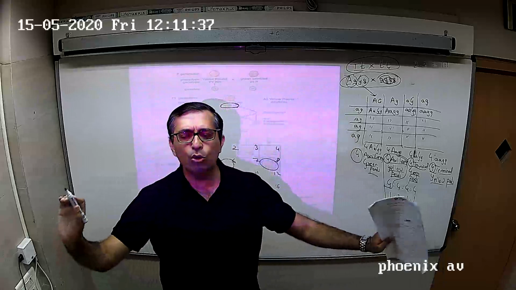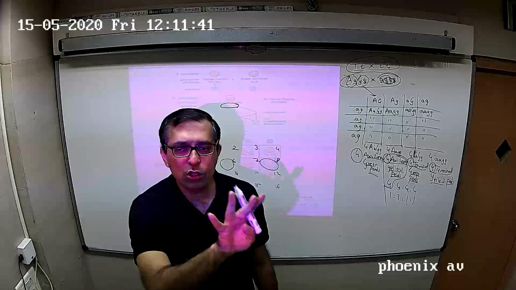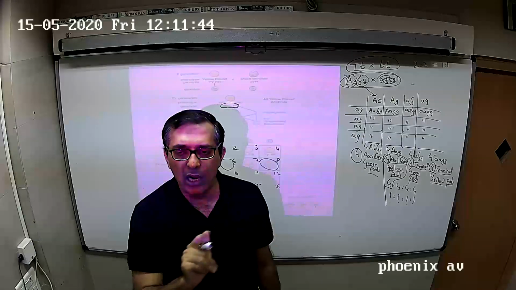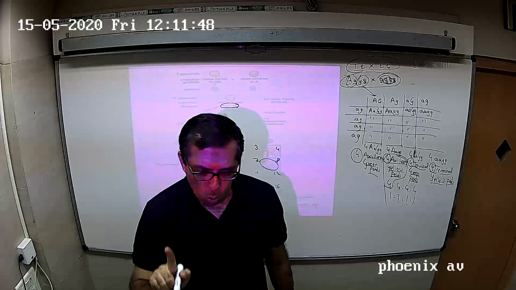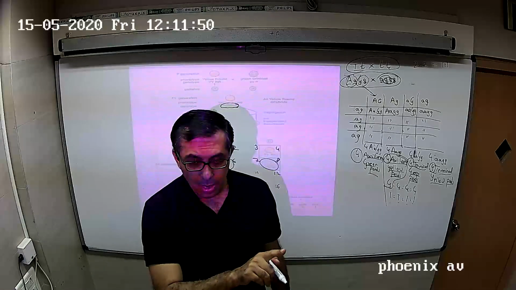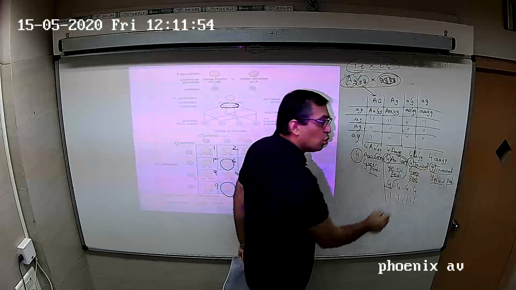So for any plant they ask, what is your answer? 4. 4 is to 4 is to 4 is to 4, in other words, 1 is to 1 is to 1 is to 1. So what ratio do you get? 1 is to 1 is to 1 is to 1. How many plants will you get? 4 is to 4 is to 4 is to 4.